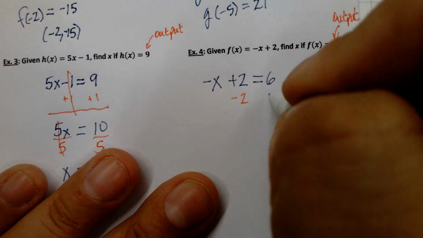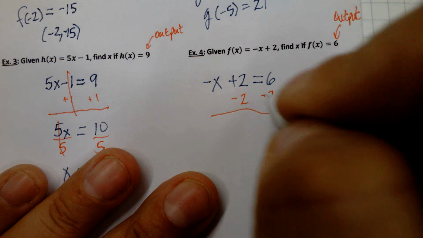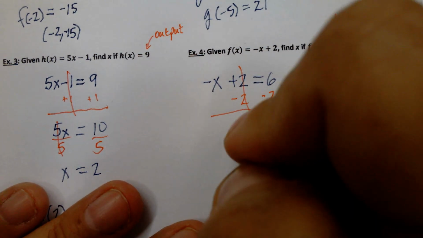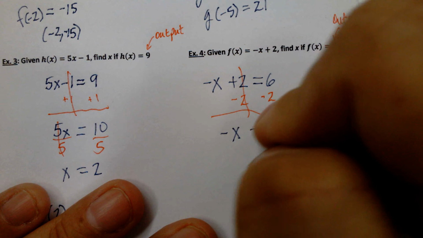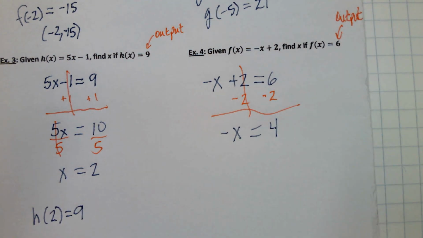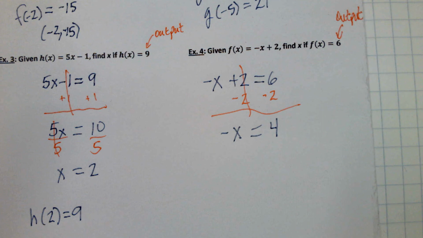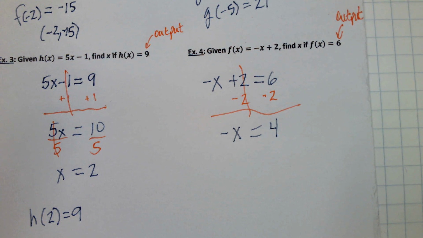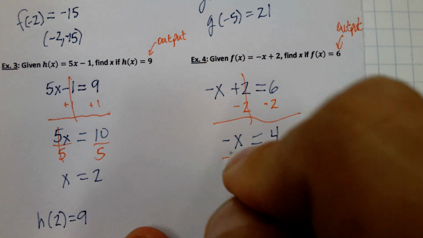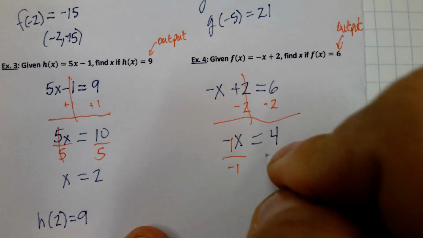Negative 2, so we'll take away 2 on both sides. We get negative x equals 6 minus 2 is 4. But we have negative x. Write this down. So how do we solve that? Yeah, divide by negative 1, because really we have a negative 1 there.